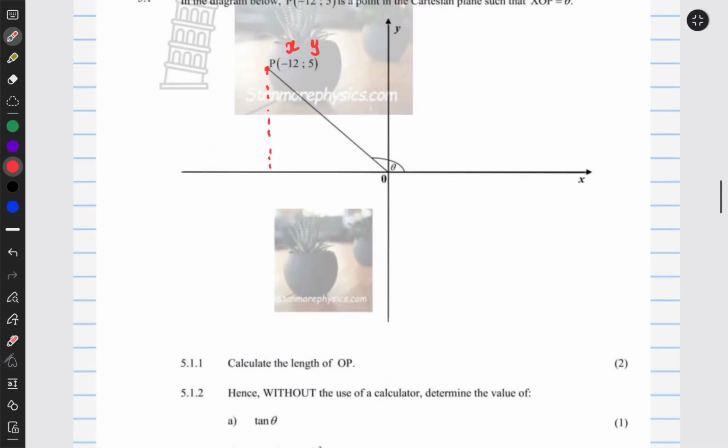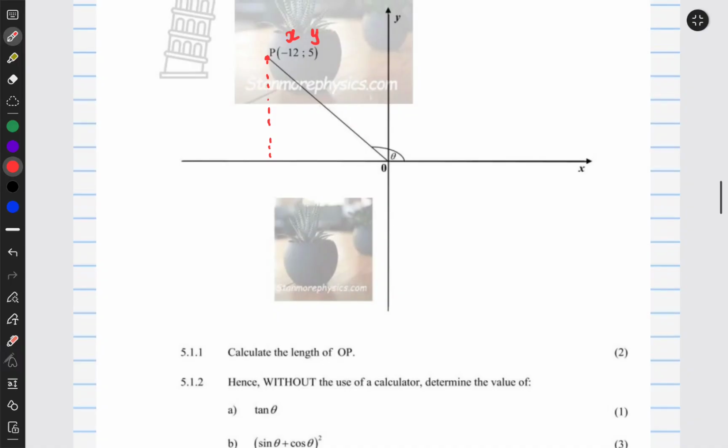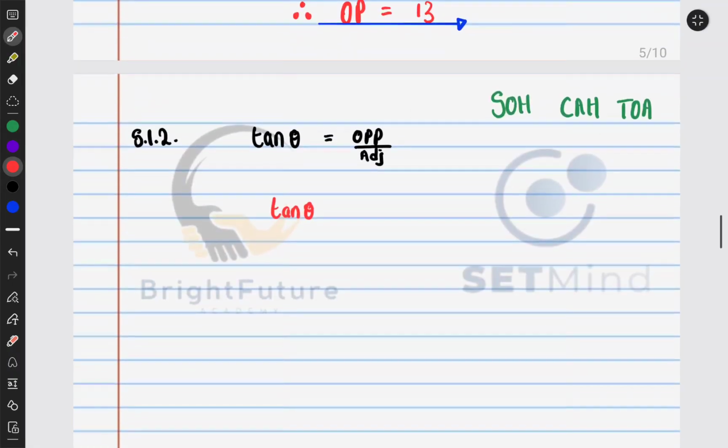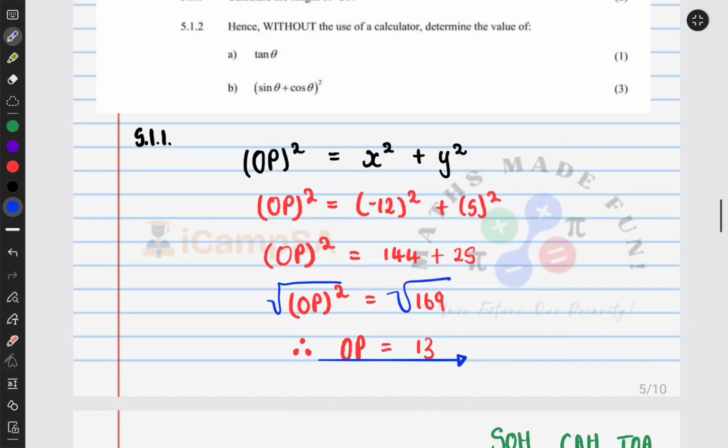It is y, the value of y. So it's going to be 5 over negative 12, because 12 is the adjacent side. This is equal to negative 5 over 12. And it's negative because only sine is positive in the second quadrant.